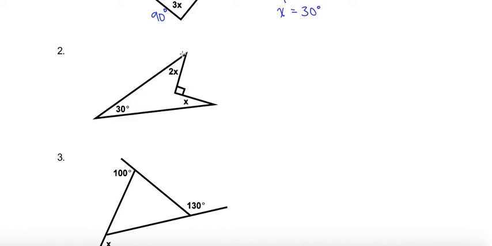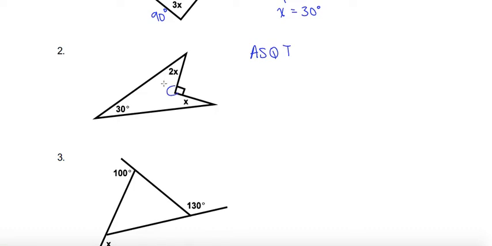So I have a 1, 2, 3, 4-sided shape. Even though this is a bizarre 4-sided shape, I do know that the angle sum of a quadrilateral theorem, or ASQT, states that all of these angles inside here will add up to 360 degrees. I know this one, this one, and this one, but I don't know this angle right here.